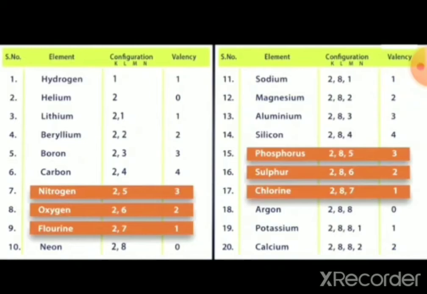In nitrogen, in the outermost shell 5 electrons are there, so it is very tough to lose 5 electrons, so it can gain 3 electrons. Similarly, in oxygen, fluorine, phosphorus, sulfur and chlorine, it is very hard to lose that many electrons, so it is easier to gain 1 or 2 electrons to complete the octet.